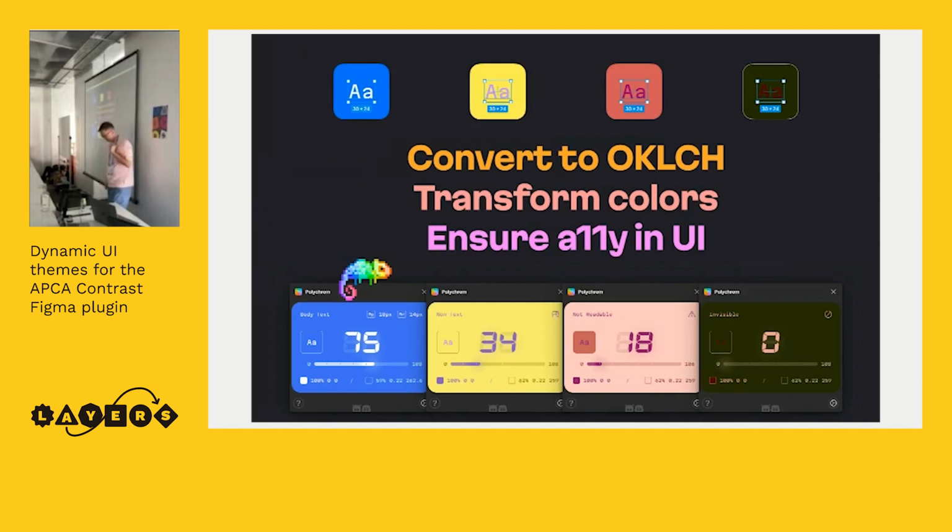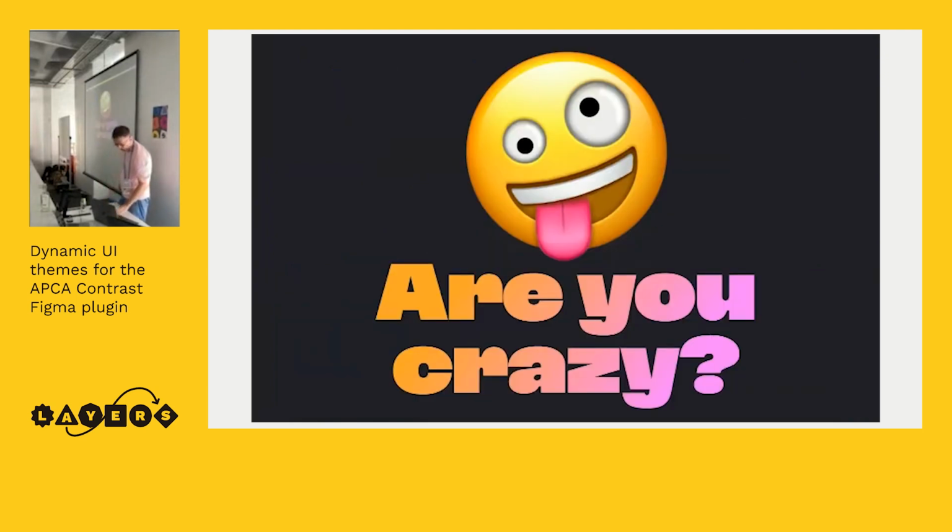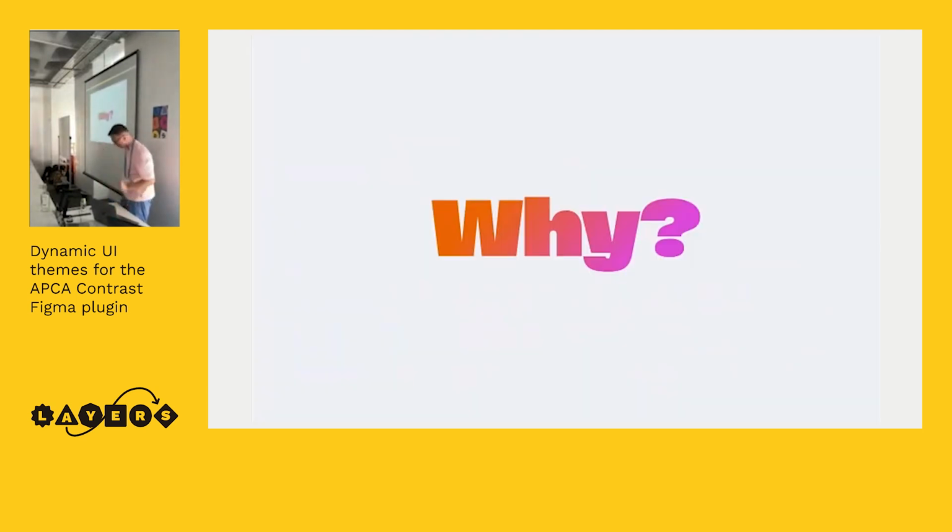I think some of you may want to ask me one question. Oh, not this one. This one. Why? I can even hear it. Roman, the only purpose of your plugin is to show one number.